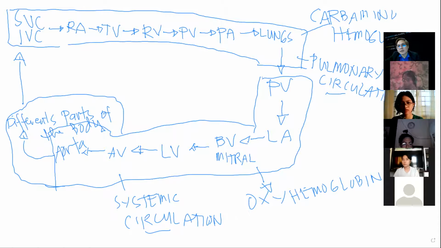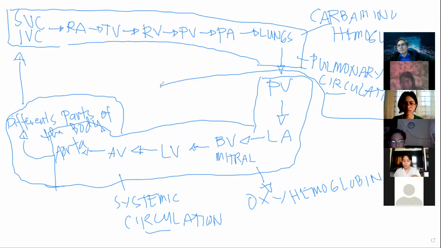No. Pulmonary circulation is actually blood going to the lungs. This is separated, by the way. Pulmonary circulation, meaning to say the blood is actually going to the lungs for exchange of gases because it carries carbon dioxide or carbaminohemoglobin.